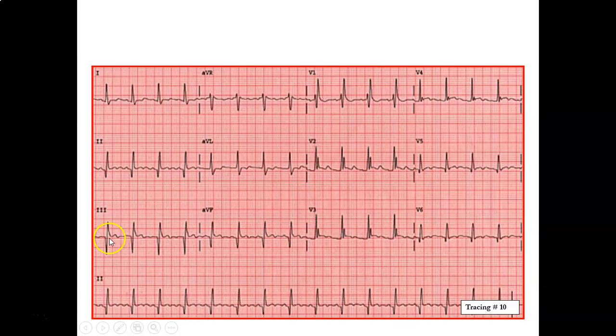In fact, they are bigger than the R wave in leads 3 and AVF, and these are significant. Okay, so 2, 3 and AVF signify the inferior wall. So this is your old MI, more than 6 weeks, months, years, nobody knows. So this is your inferior wall myocardial infarction, but old.